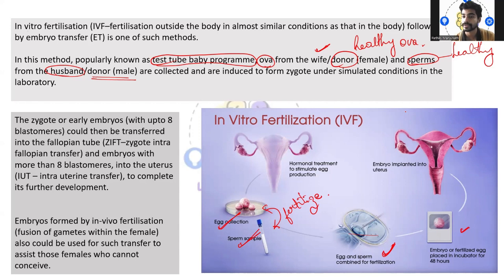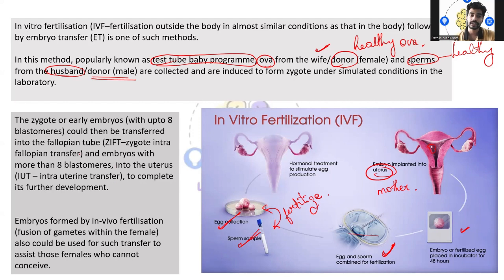So now the embryo has been implanted into the uterus of the mother. Obviously, after implantation, the egg is going to get all the sufficient things for its development, and the baby is going to develop. So this is one method which has been widely used, that is in vitro fertilization.